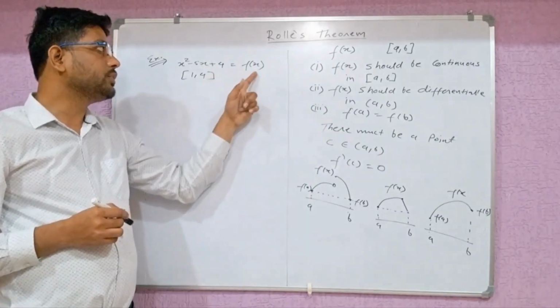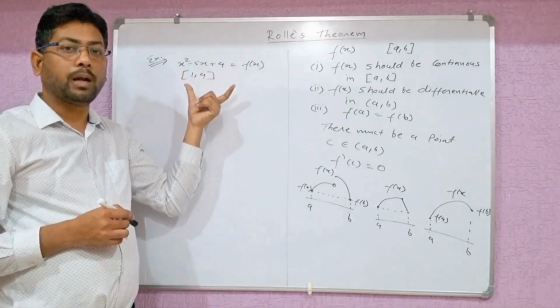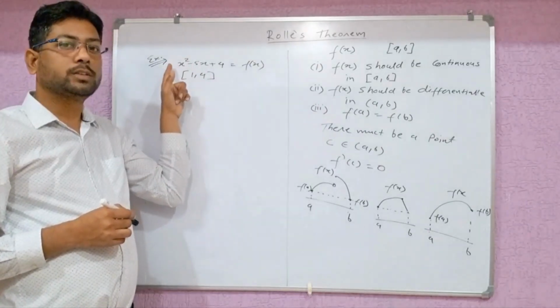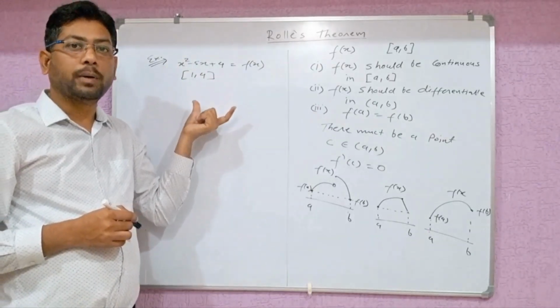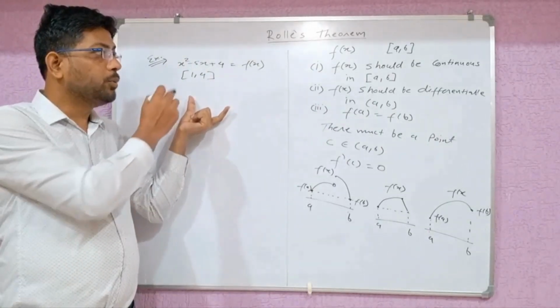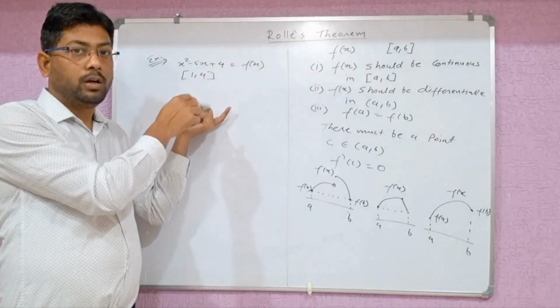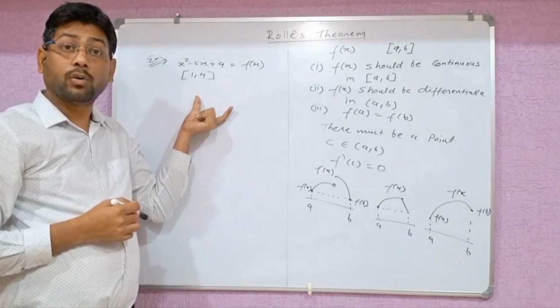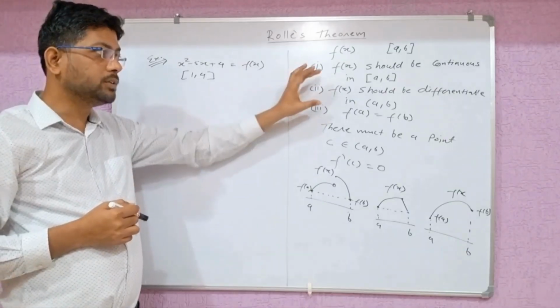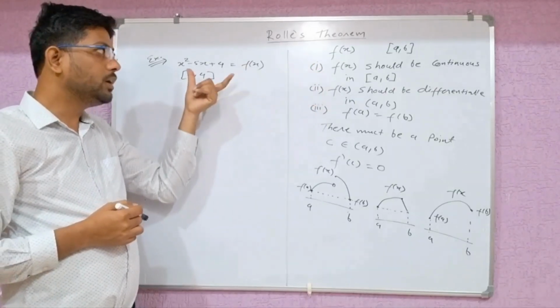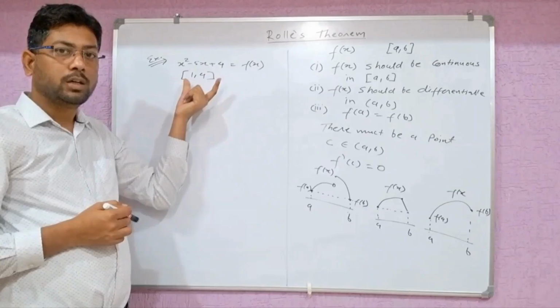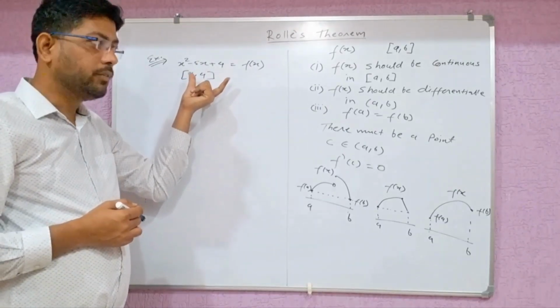So the graph of this function f(x) should be a parabola, and the coefficient of x square is positive, so this will be an upward parabola. And we know the parabola graph is differentiable in all its domain, for all values of x. So this is differentiable also. Or we can draw the graph of this easily, and we can observe from there that this will be differentiable also.